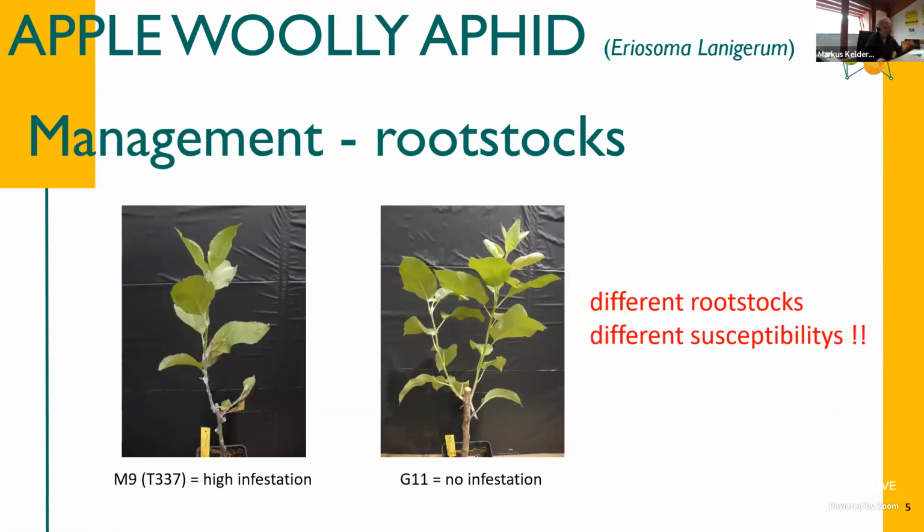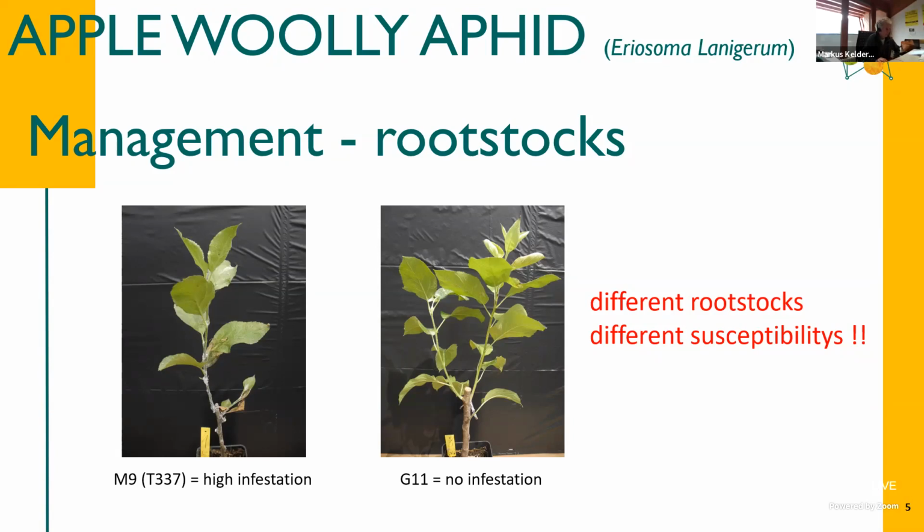What we have done in the last years, we tried to understand the sensitivity of the rootstocks we use at the moment, and also the situation with the varieties. We worked in a glass house and inoculated with woolly aphids, with repetitions and all.